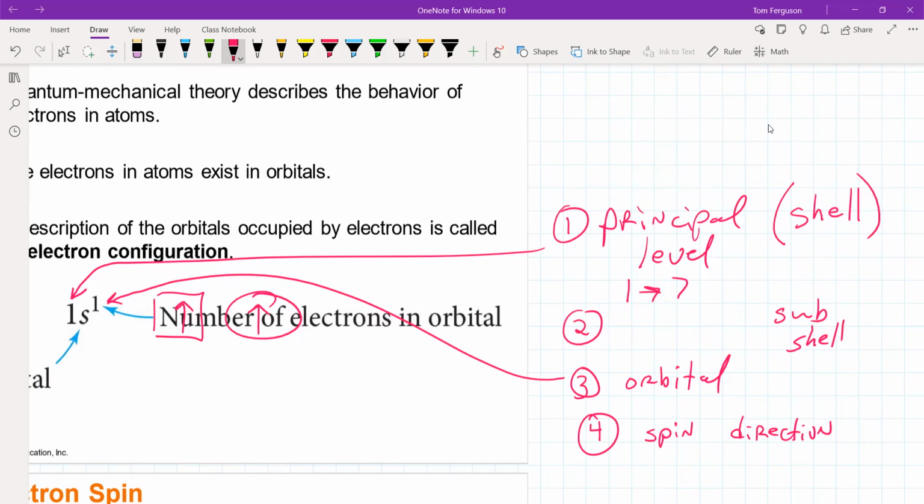Batteries are plus and minus, but the concept is the same. So you want a magnet that's got its north pole to its south pole, just like when two magnets snap together. That's the most stable. If you try to put them north to north, south to south, they want to repel. So when the electrons are in the orbital, the most stable configuration for those electrons is going to be opposite spin or opposite magnetic poles.